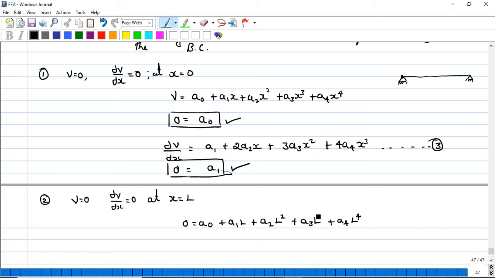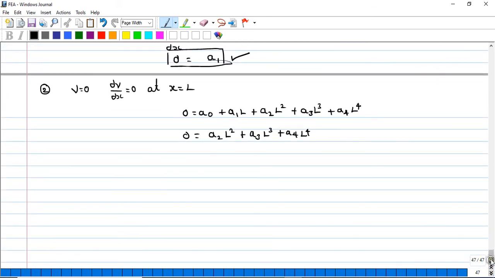Now we shall substitute the values we found at node 1, that is a0 will be 0 and a1 will be 0. When I do so, I will get a2 L square plus a3 L cube plus a4 L raised to 4.